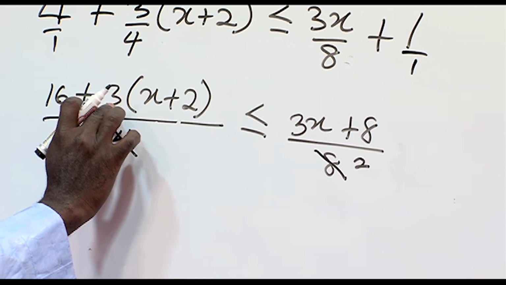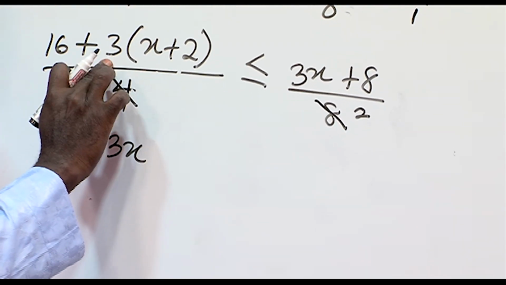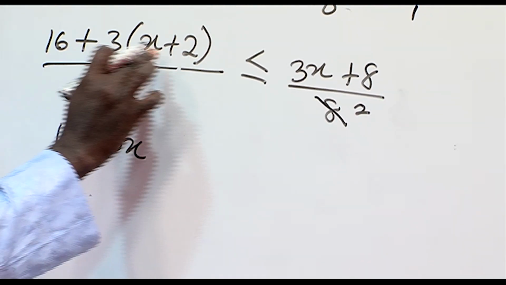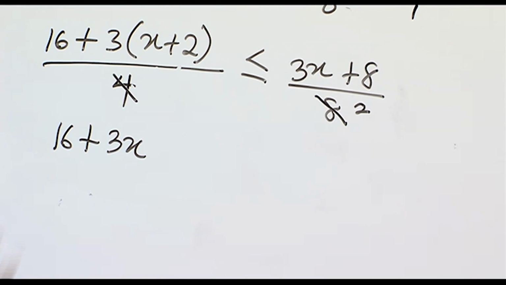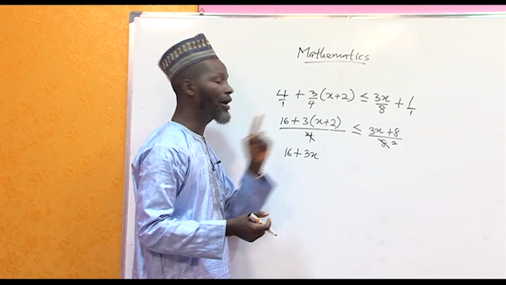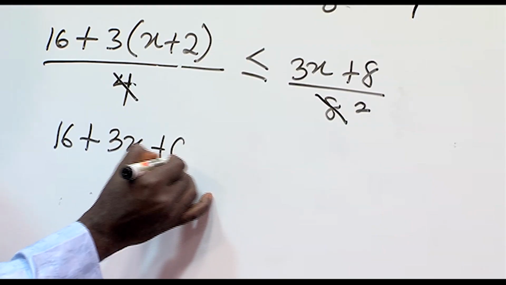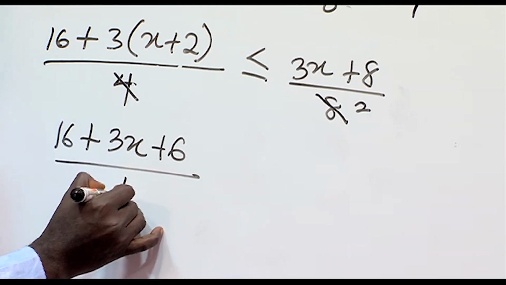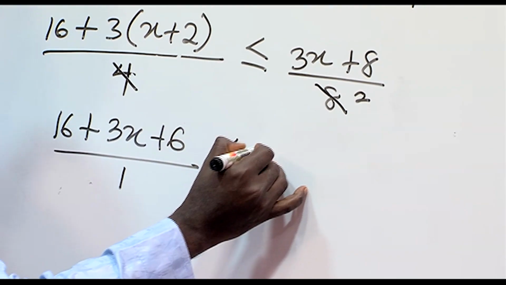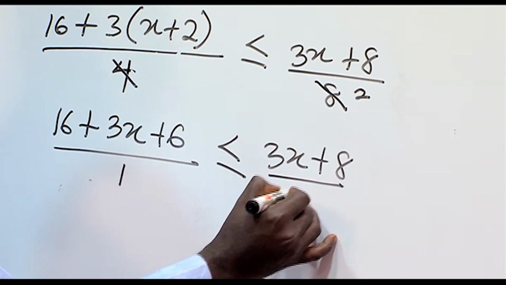Let's expand this. 3 times x will give us 3x. 3 times 2, that's plus 3 times plus 2, because in some cases it might be given minus here. You have to consider that. But now that we have positive, plus 6 times plus 2, that's plus 6, divided by 1, less than or equal to 3x plus 8, divided by 2.